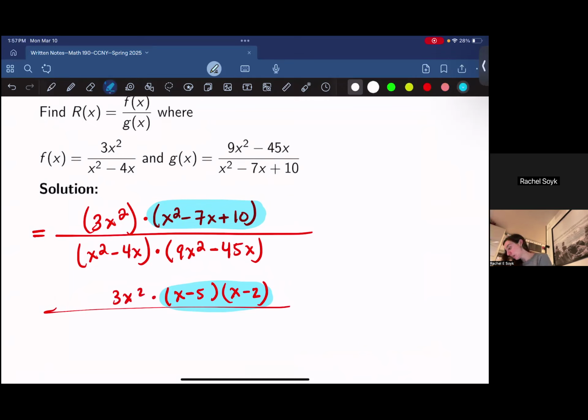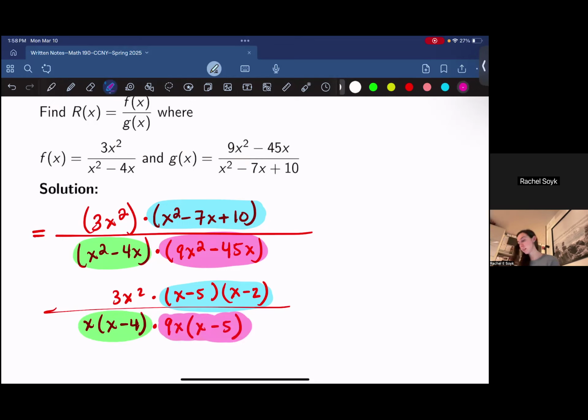Then in the denominator, this x squared minus 4x, we can pull out an x, and then we're left with x minus 4. Now we have 9x squared minus 45x. Let's once again pull out a greatest common factor. We can pull out a 9x, and then we're left with x minus 5.